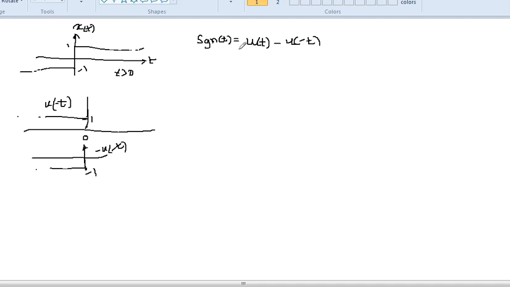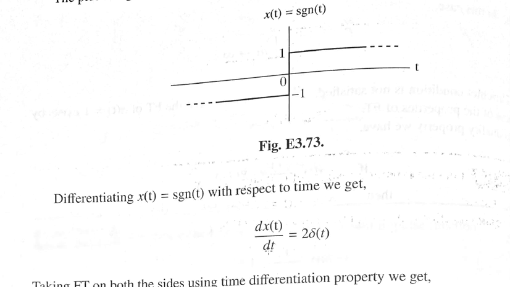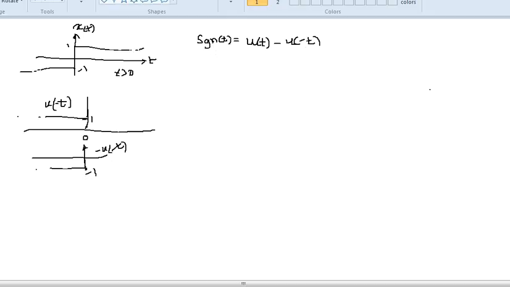Now by using the differentiation property, as it's given over here, d by dt of x of t is taken, which makes it quite simple. The differentiation will simplify, that's why the properties are there.